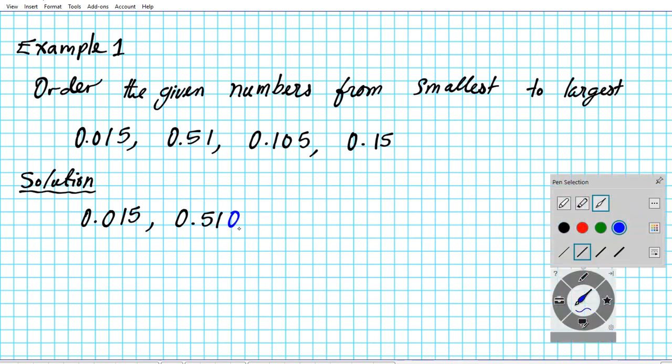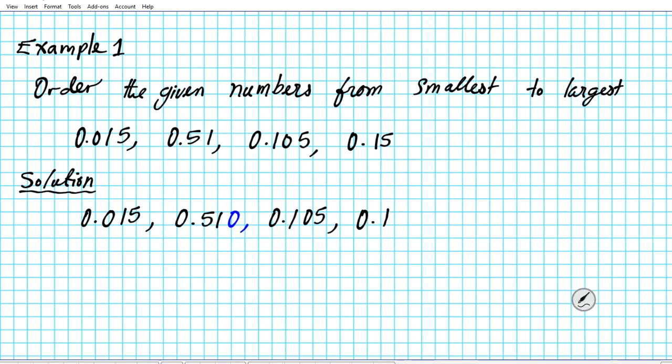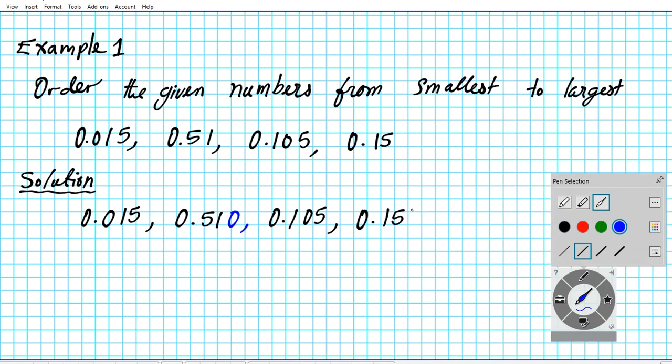If you add a digit to the right or to the left of a number, you do not alter the magnitude of that number. The next one is 0.105. This is fine because we have just 3 digits to the right of the decimal and 1 to the left, just like every other one. 0.15 is just 2 digits, so we need to put in a 0 there so it matches the rest.